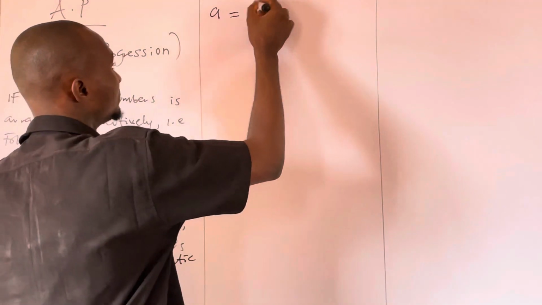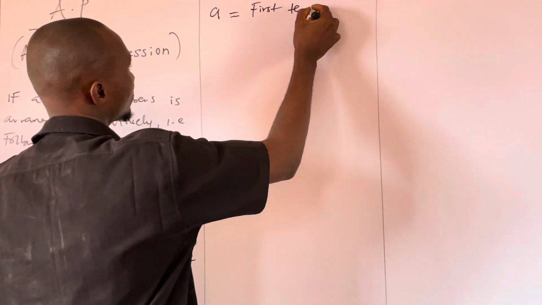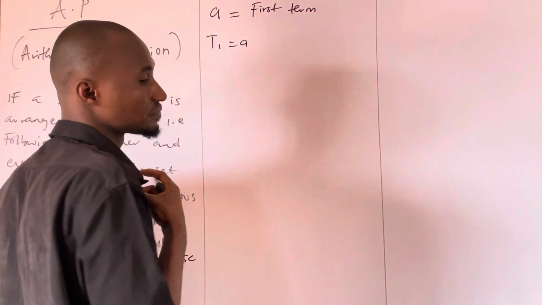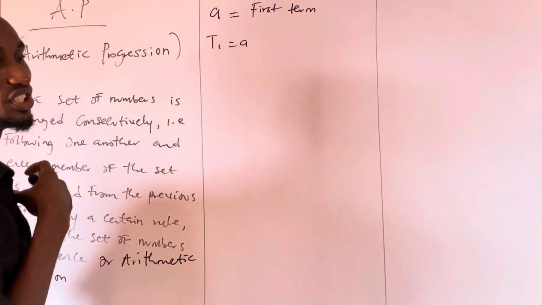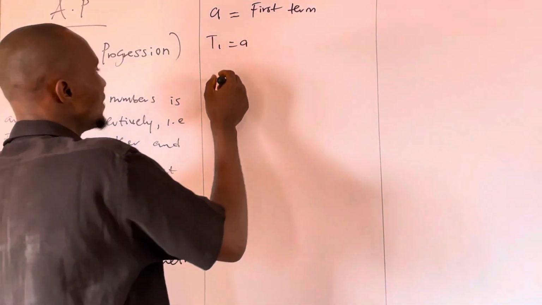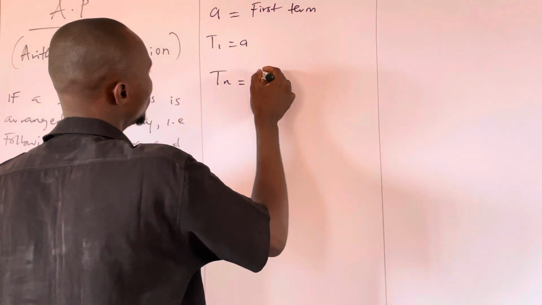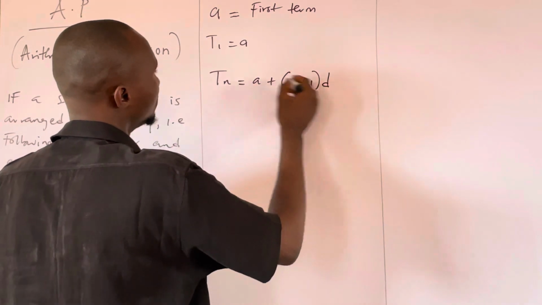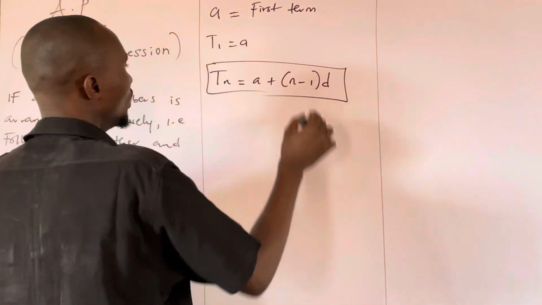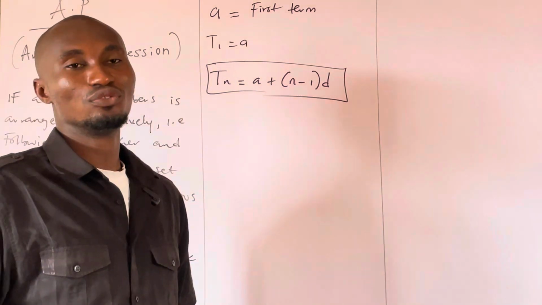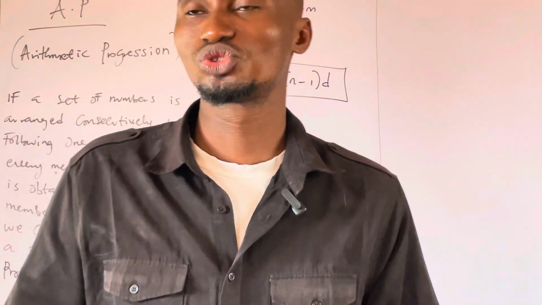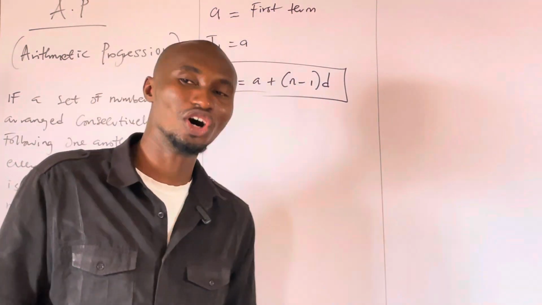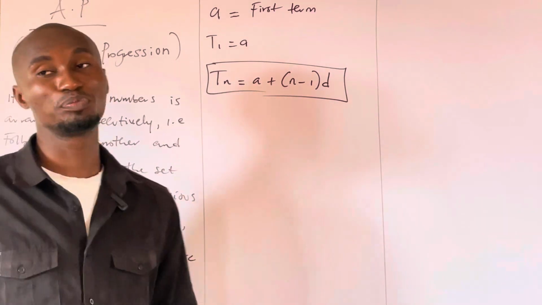A means first term, and T1 is equals to A. And we have a formula like this: Tn equals to A plus bracket n minus 1 D. From this formula, we can obtain so many terms and formula that will enable us solve calculations on this topic.